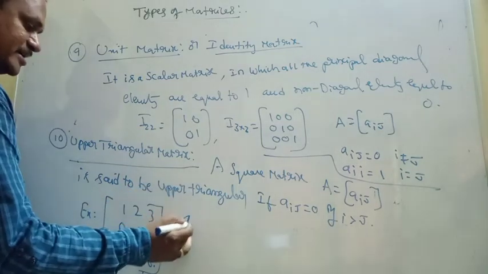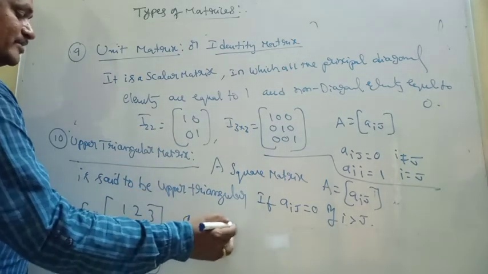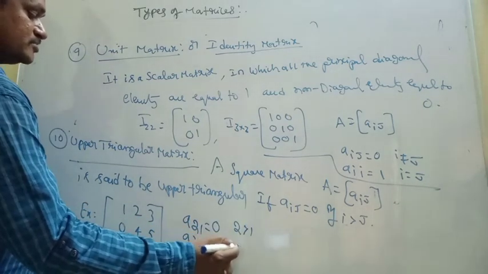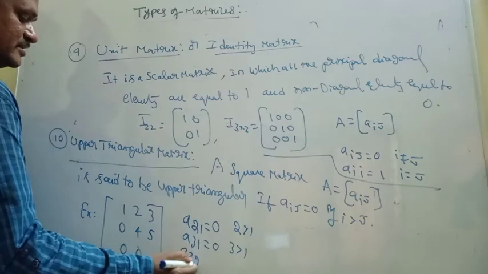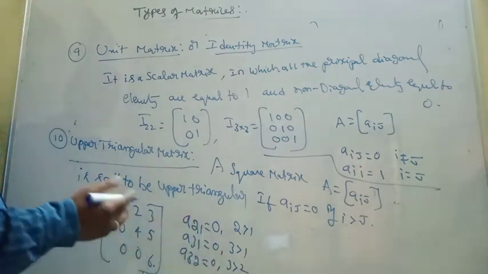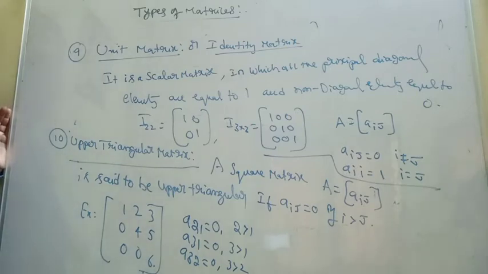A21 equals 0 where 2 is greater than 1, A31 equals 0 where 3 is greater than 1, A32 equals 0 where 3 is greater than 2. In this way, you will be defining the upper triangular matrix, and it is very, very important.